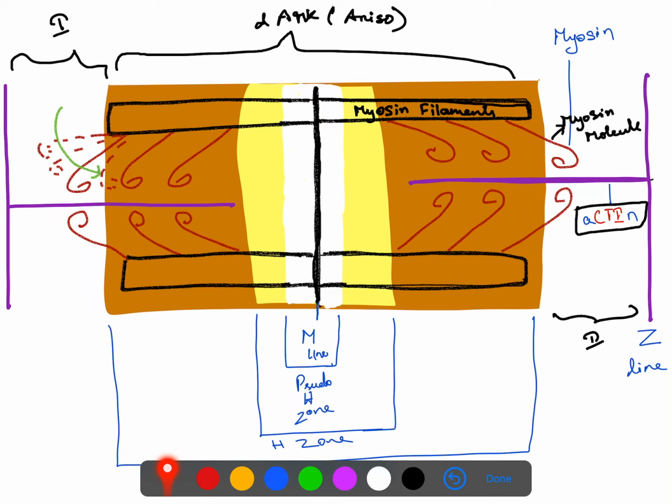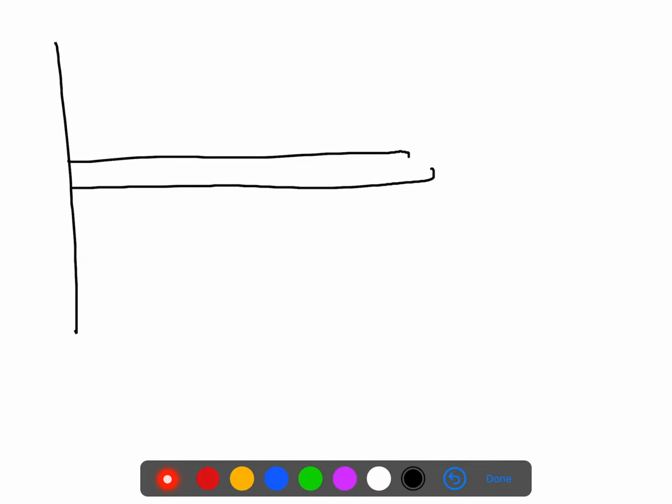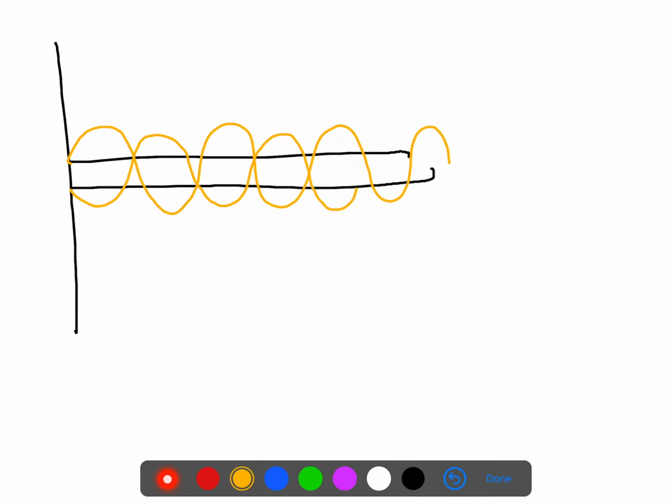Okay, this actin, let's go to the important structure of actin. In this actin, consider this is the Z line and this is the actin. There are two chains of actin and there are two chains of tropomyosin, covering the actin, around the actin.